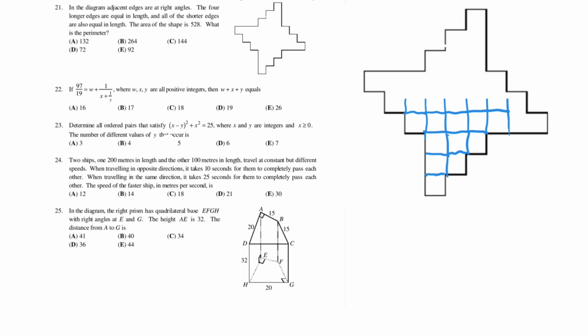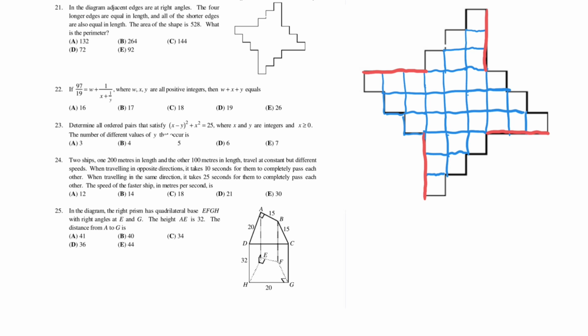Look at this one. They told us the four longer edges are equal. The four longer edges are here, here, here, and here. And all the small edges, like this one, are all equal.